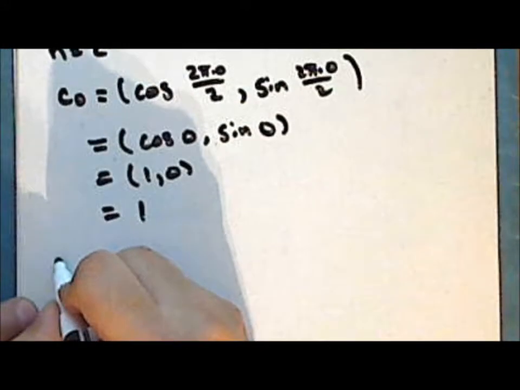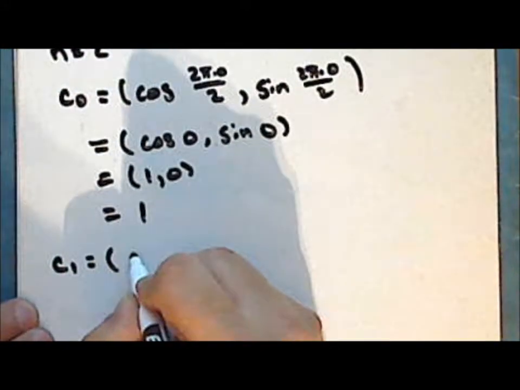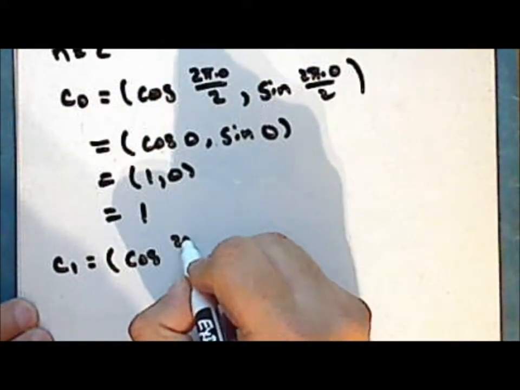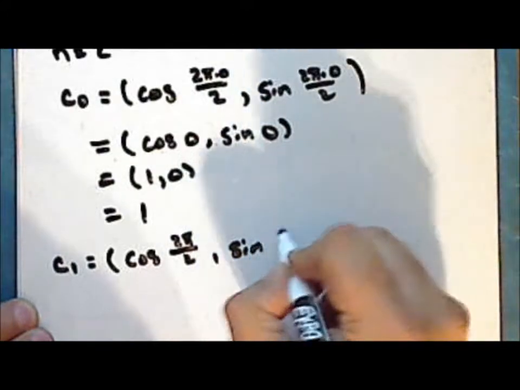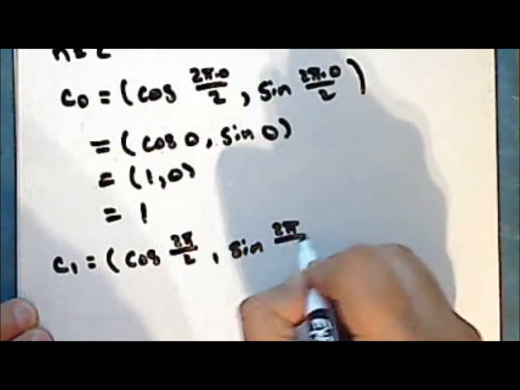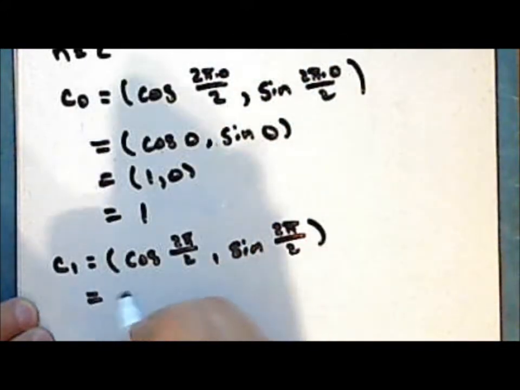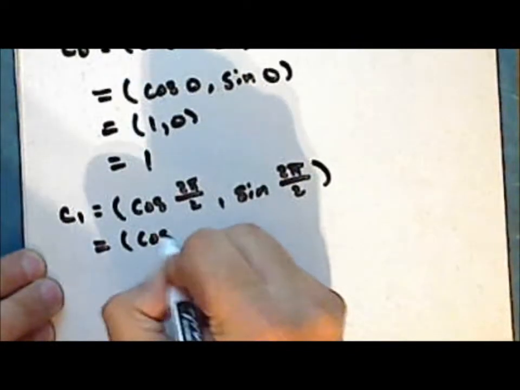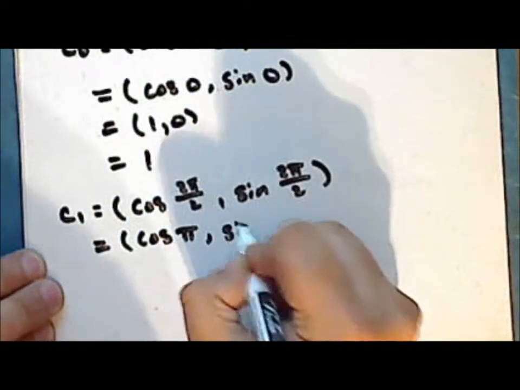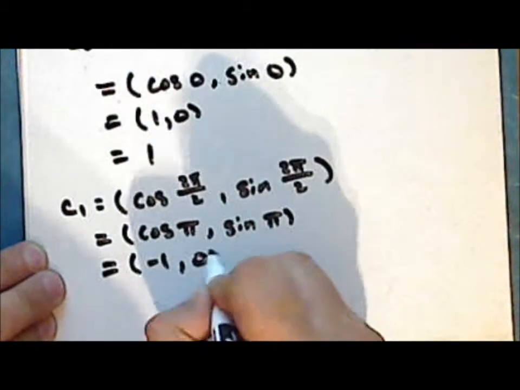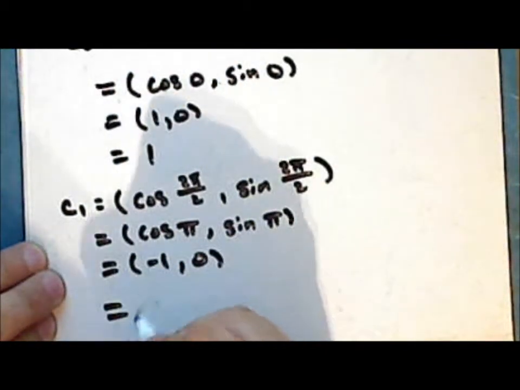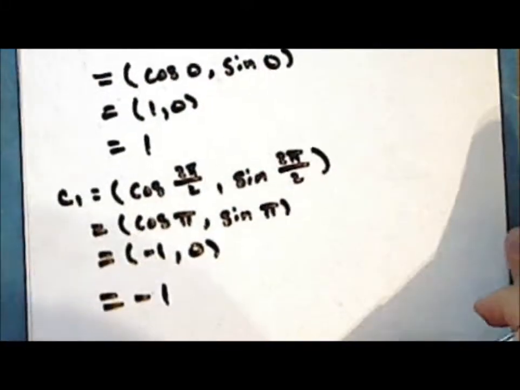The second square root, c sub 1, is the ordered pair cosine of 2 pi times 1 divided by 2, sine of 2 pi times 1 divided by 2, which is the ordered pair cosine pi, sine pi, which is the ordered pair negative 1, 0, which is the real number negative 1.